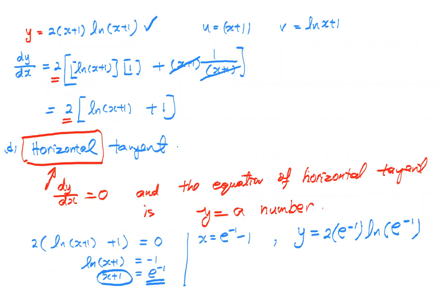It depends on the situation. So it will be 2 over e, and this is -1. So the equation of the tangent is y equal to -2 over e. Straight away I got this because it must be y equal to a number. I don't have to use y equal to mx plus c. Okay?